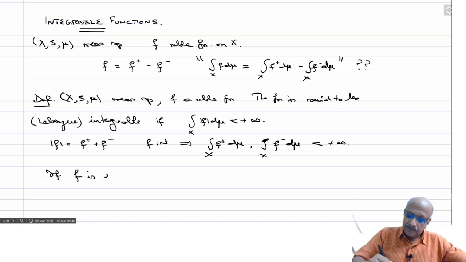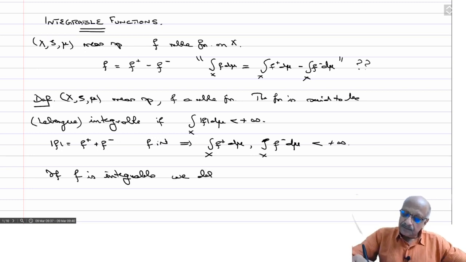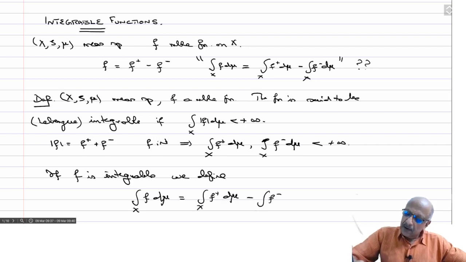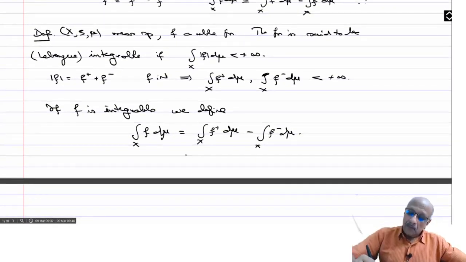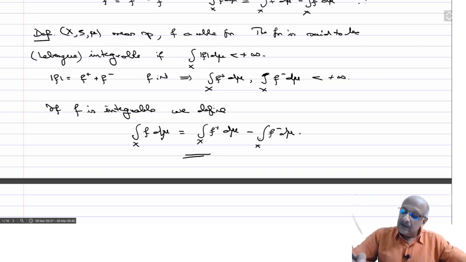So if f is integrable, we define the integral of f dμ over X as integral f plus dμ over X minus integral f minus dμ over X. Of course, as I told you, it's enough if one of them is finite, but then we can't go on to make a definition because sometimes this may be finite, other times f minus may have finite integral and so on.